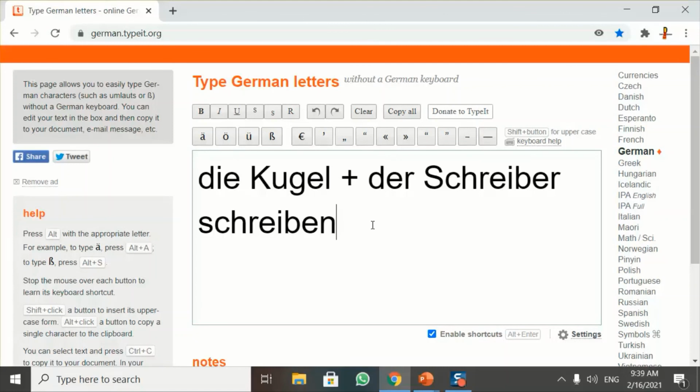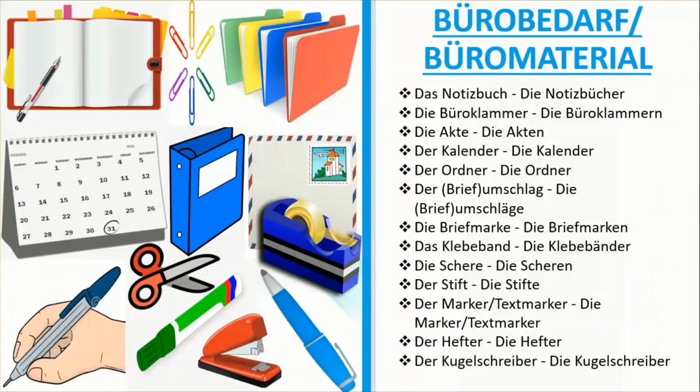Sie, es schreibt with the t ending, etc. So do have a look at my previous tutorials to see the conjugations of the purely regular verbs. So we have quite a lot of vocabulary for the office supplies.